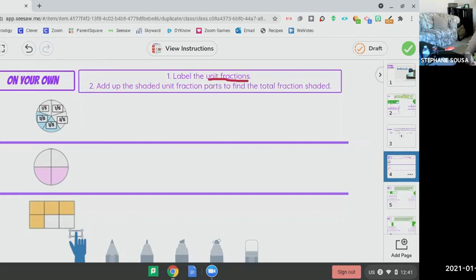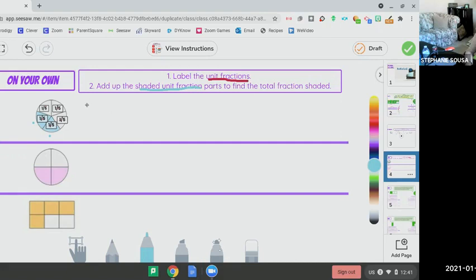Step 2, add up the shaded unit fraction parts to find the total fraction shaded. This is what you are going to do. There are 2 pieces that are blue. 1, 2. This says to add up the shaded unit fractions to find the total fraction shaded.